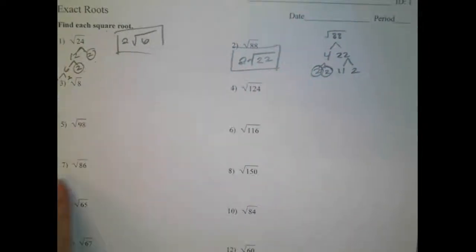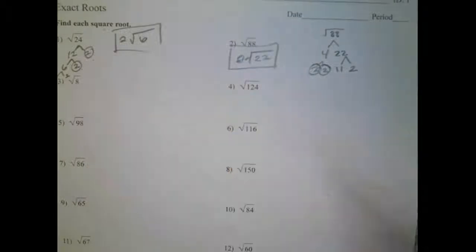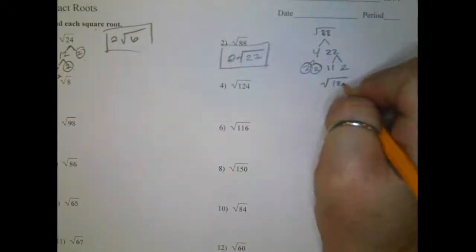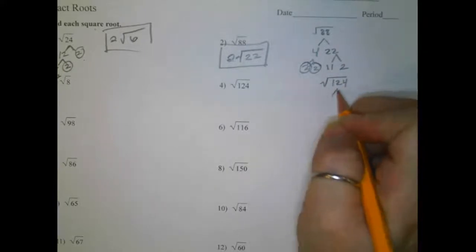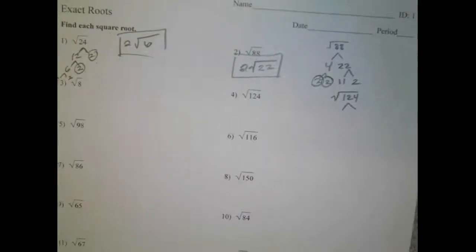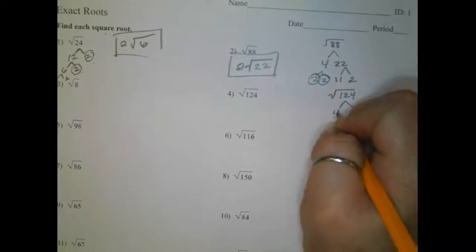All right, so let's look at 124. I'm going to do it over here. I need some more room. 124. How can I factor out 124? 4 might divide, right? Do you think 4 is going to be a factor of 124? 4 times what?